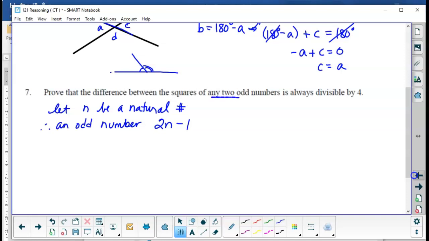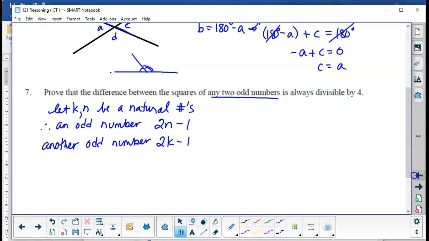Notice this says any two odd numbers, so they don't have to be consecutive. So another odd number would be, let's use k, 2k minus 1. I'm going to let k and n be natural numbers.